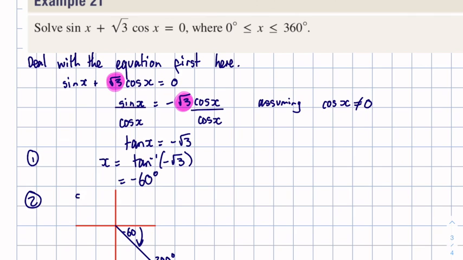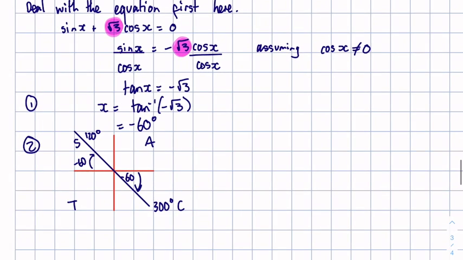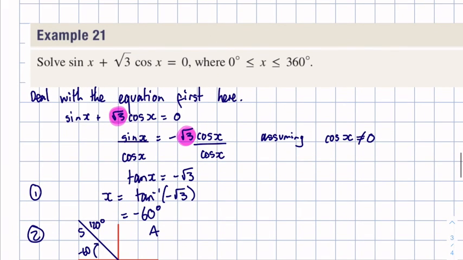It's tan, S-A-T-C. So the other one where tan's going to be negative is up here, which means this one's going to be 60 back, which gives us 120. So x equals 120 degrees and x equals 300 degrees. Double check with the domain.